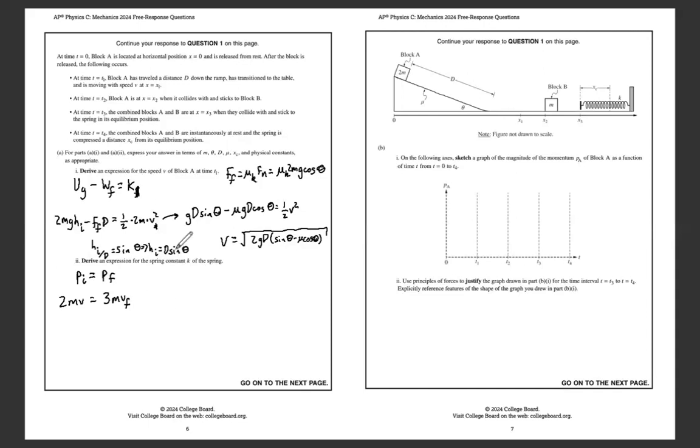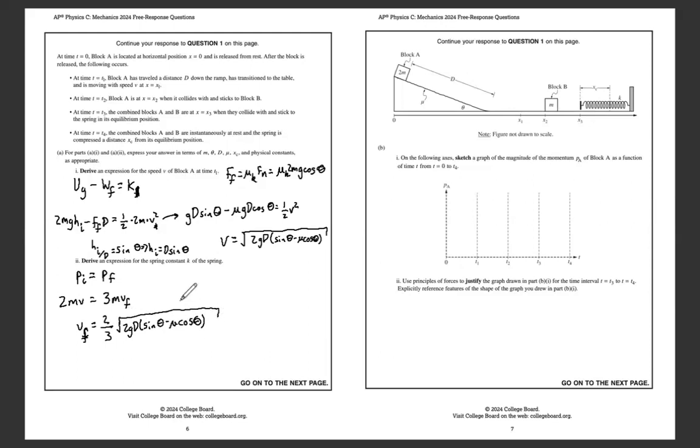And then after that, we can use conservation of energy to help us figure out the spring constant. All right, so if I plug in what I got from part A for v, and then I find v_f, I'm going to find that v_f is actually going to equal 2/3 square root of 2gd times sine theta minus mu cos theta. At this point, this is just kind of tedious, rewriting the same expression a few times.